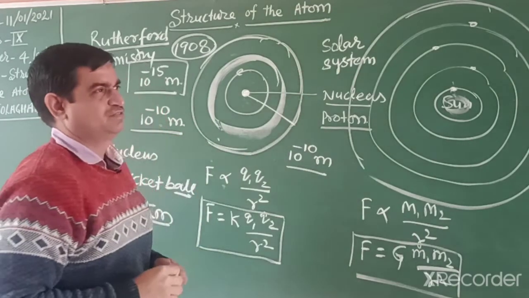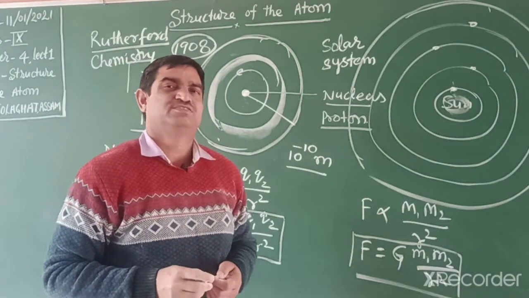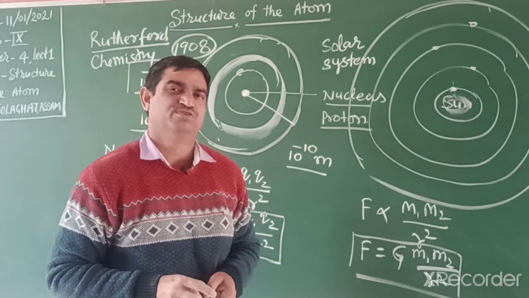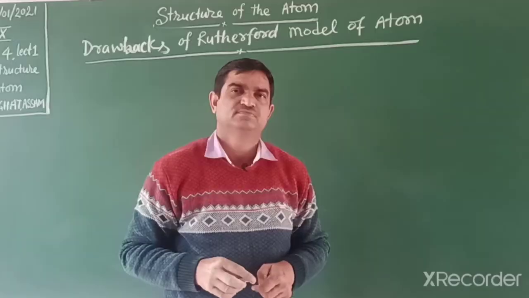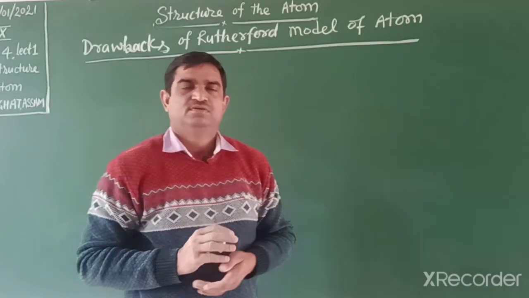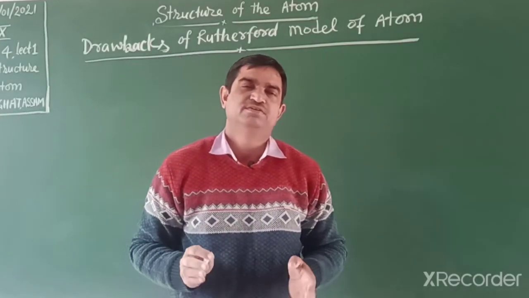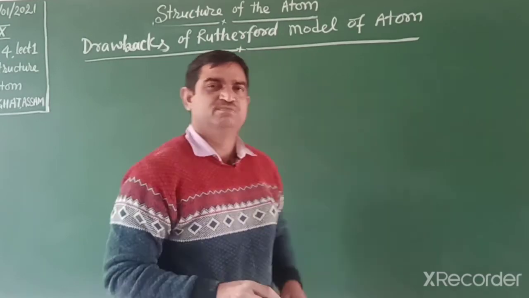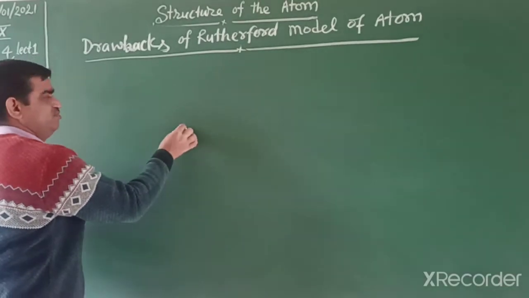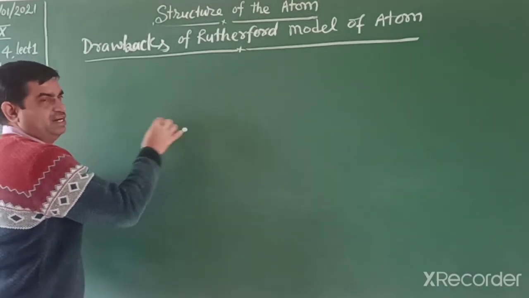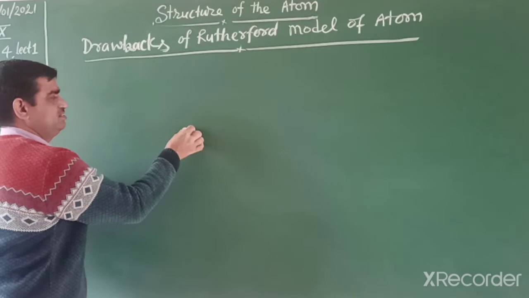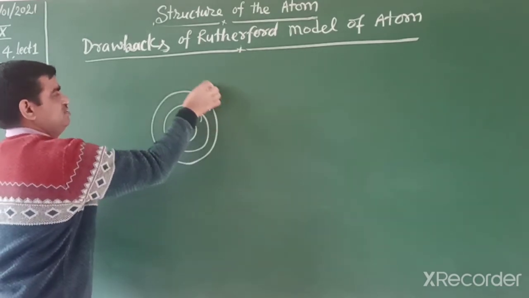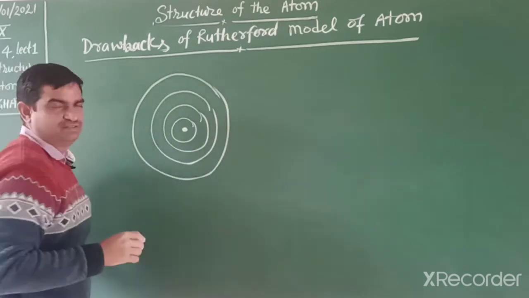So now we explain the drawbacks or limitations of the Rutherford nuclear model of atom. The Rutherford nuclear model is like this: at the center a very dense part known as the nucleus, and electrons revolve around in these orbits like this.